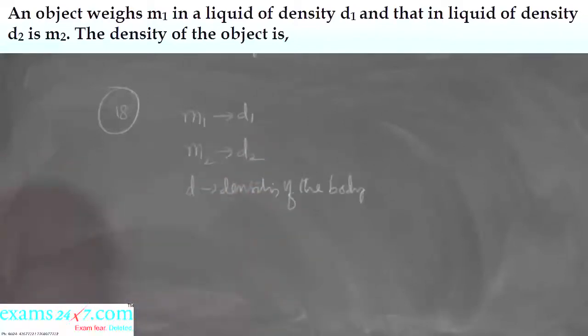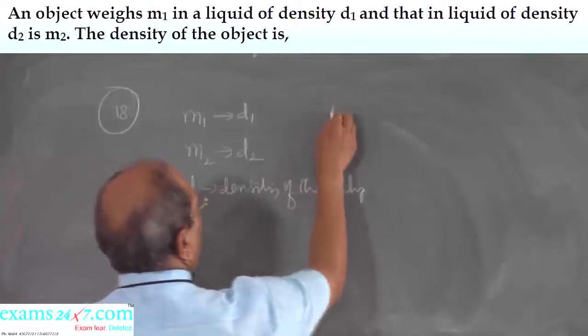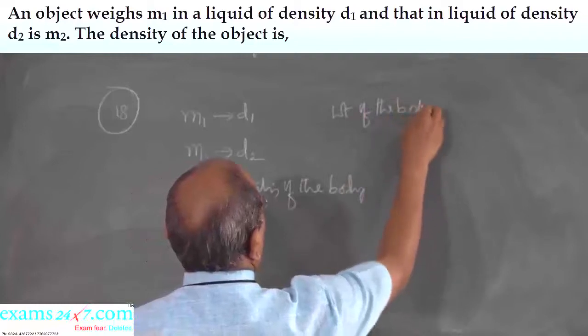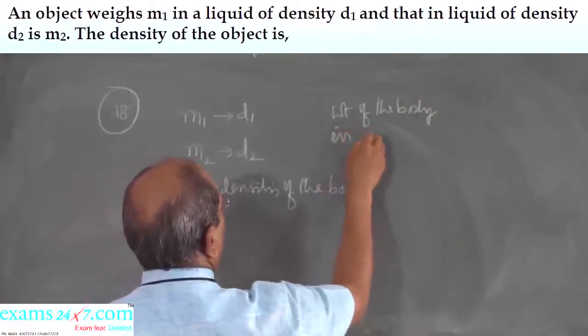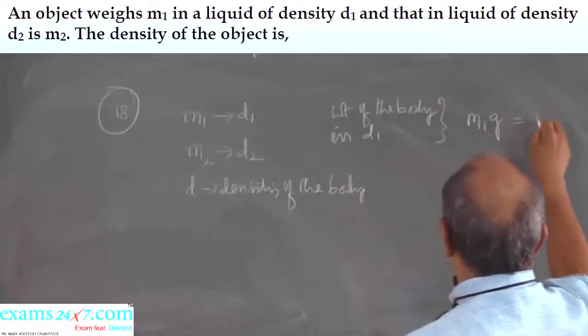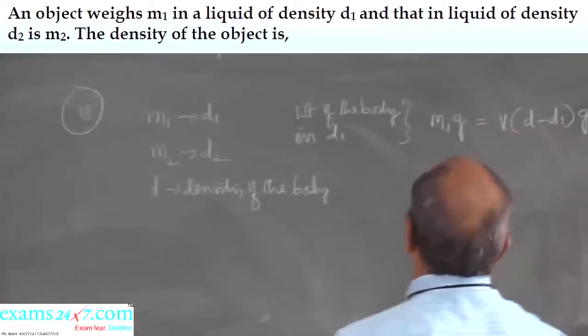So it is the weight that it is hanging. If you consider the weight of the body in d1, it is m1 g equal to V into (d minus d1) into g.